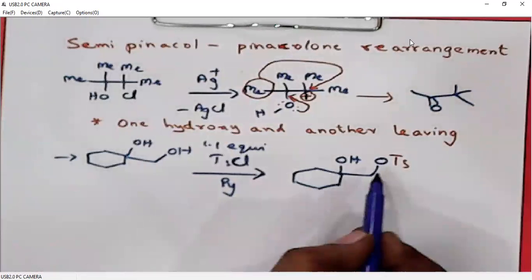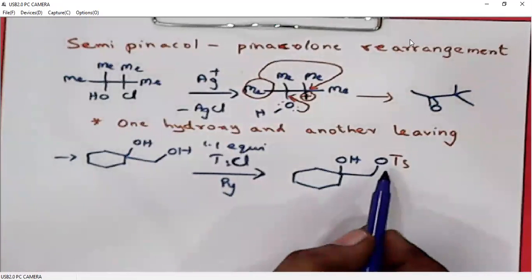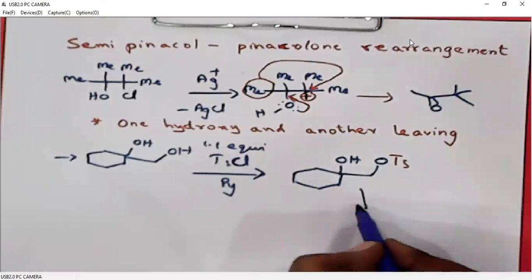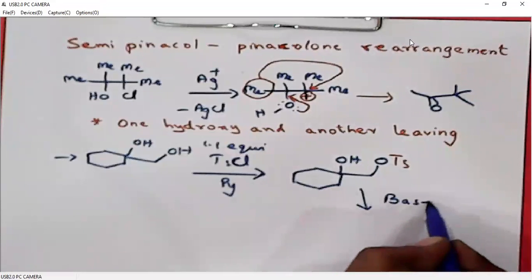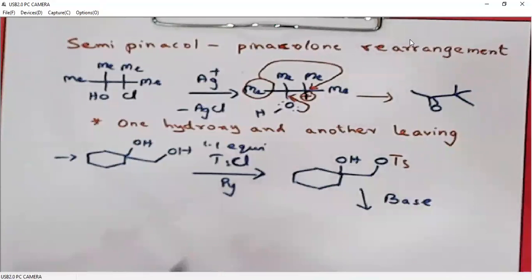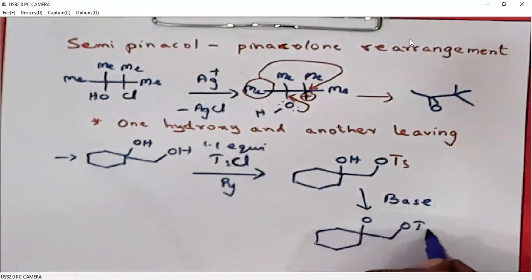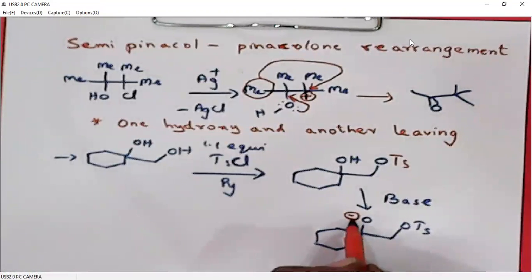Now you see OTs is a good leaving group. When we use base, the base will pick up the proton on oxygen. So it generates an oxide ion. This negative charge will trigger the subsequent rearrangement.